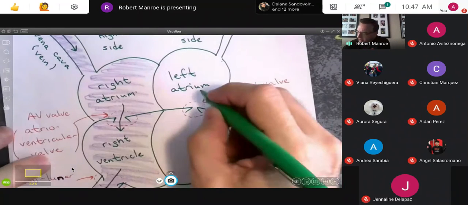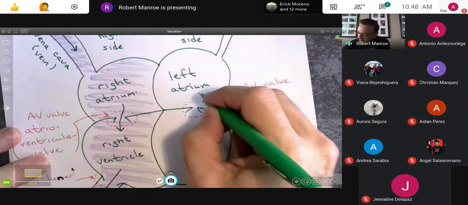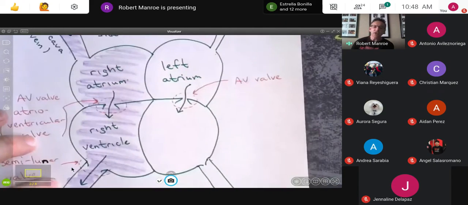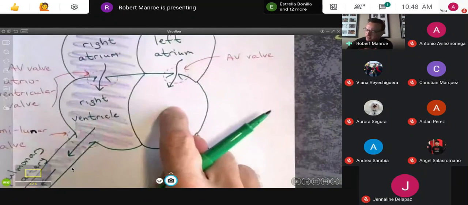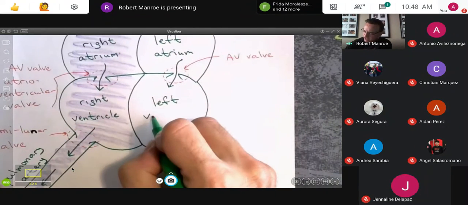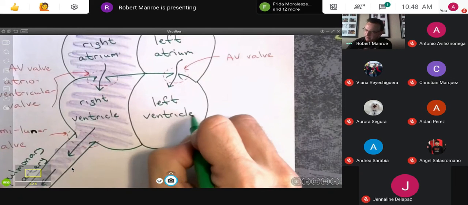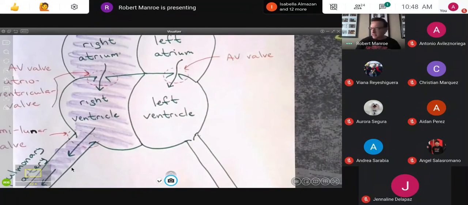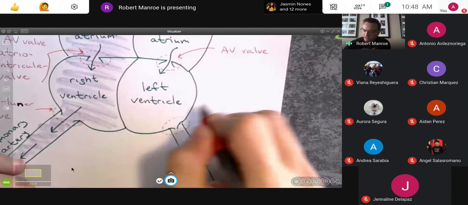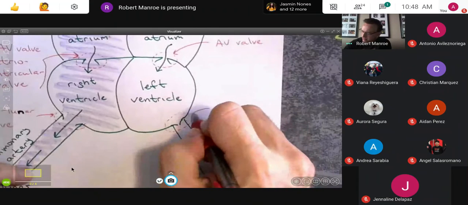All right. The blood then leaves the left atrium as the AV valve opens, and this oxygen-rich blood flows into the left ventricle. Nice. The left ventricle fills because this valve is closed. Which valve is this?